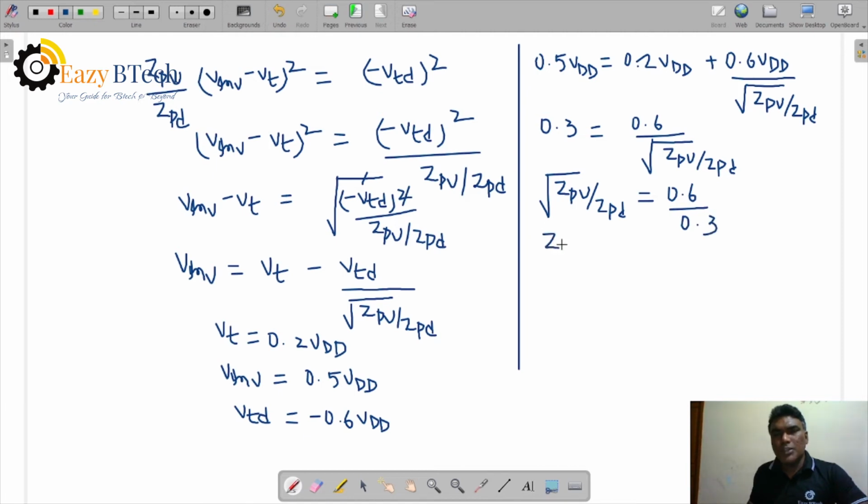Now the ratio Z pull up by Z pull down, the root will be taken, it is a whole square. So Z pull up by Z pull down is equal to 4 by 1.